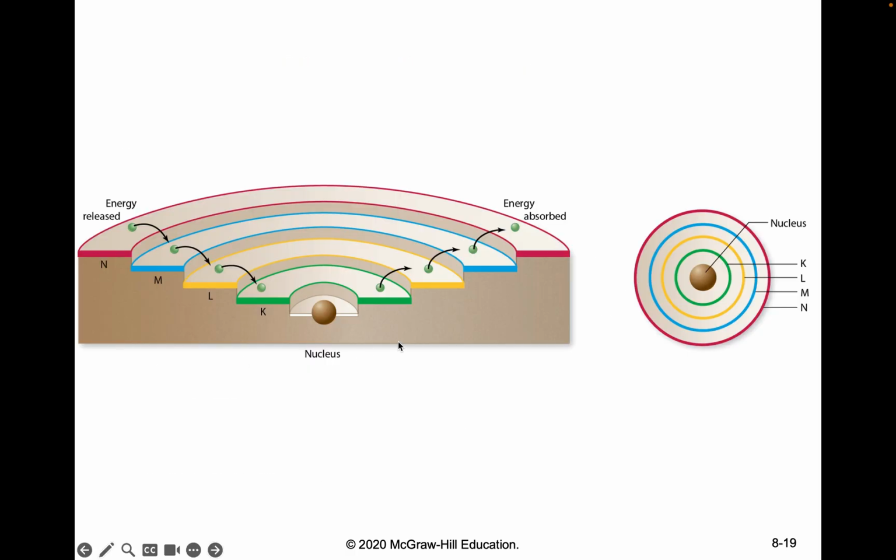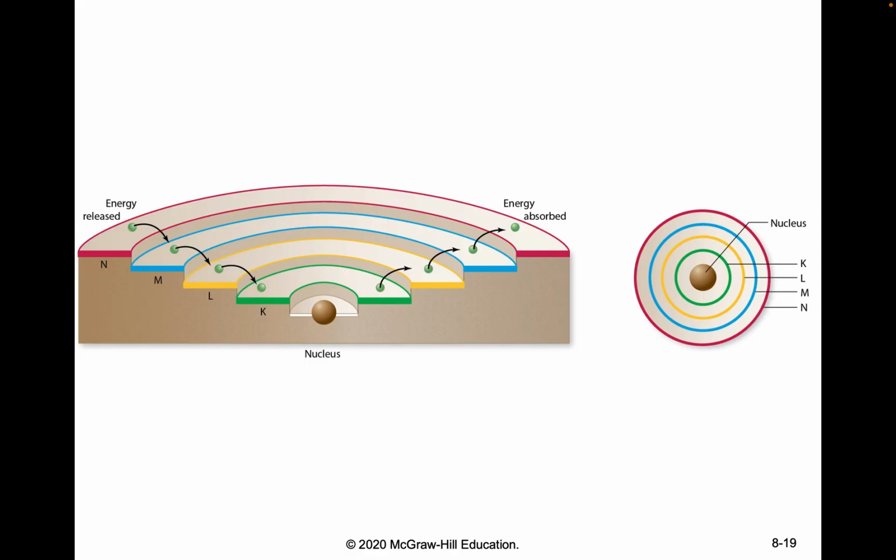I'm going to go back to this slide because it's very important for you to understand. This is an atom, as we know, and it has different energy levels. If we give energy to an electron, it goes up in energy levels because now it has energy to go up. But once it's up, it has to go back down, and when it goes back down, it releases energy. That energy release is sometimes the color that we see, by the way.